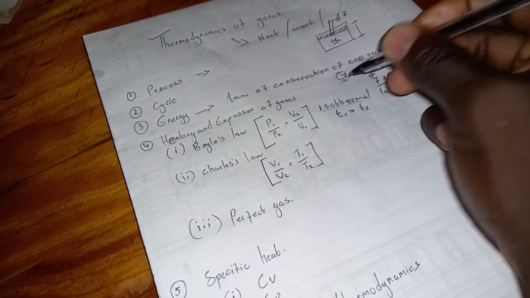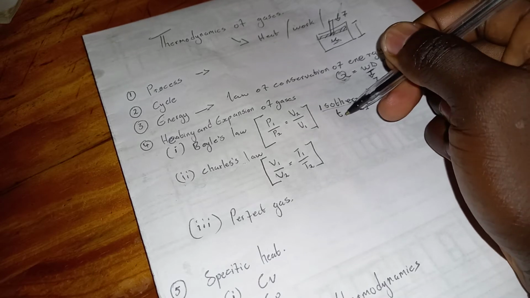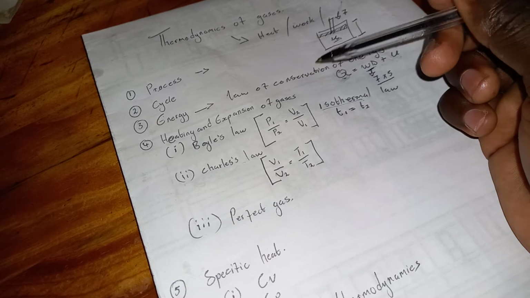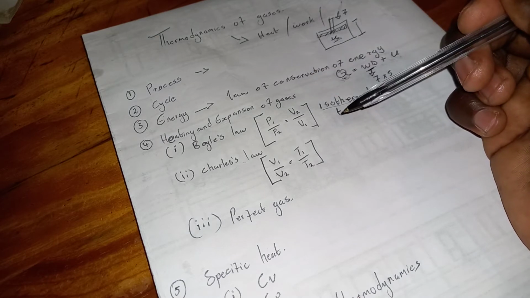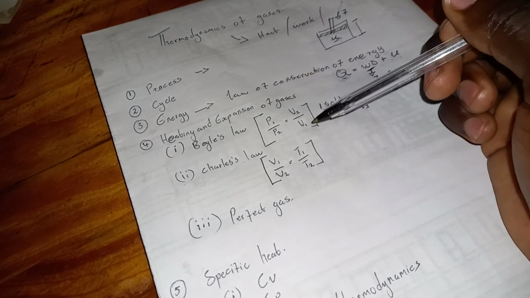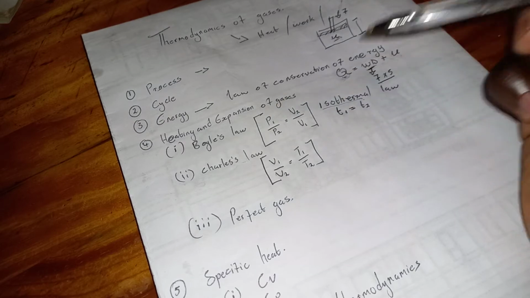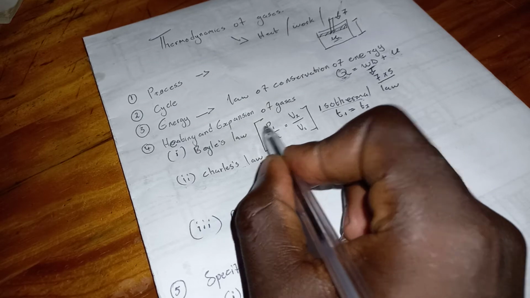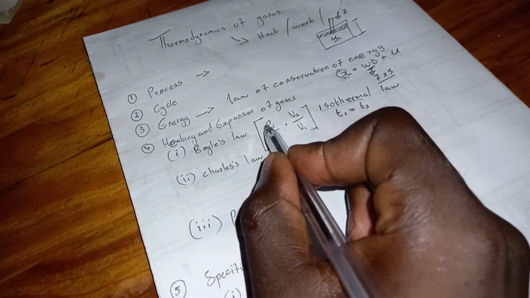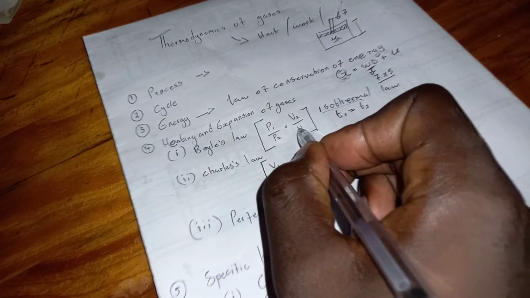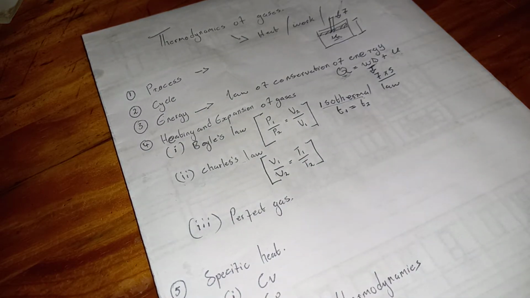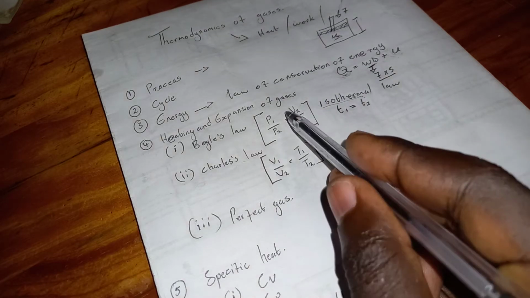That's why it is isothermal. Then the pressure and the volume are inversely proportional. Here we have pressure one and volume one. Pressure one is inversely proportional to volume one, and pressure two is inversely proportional to volume two.